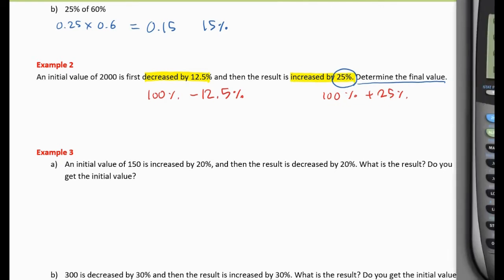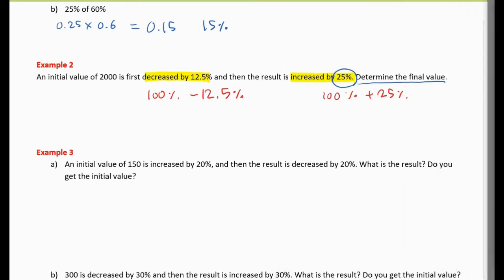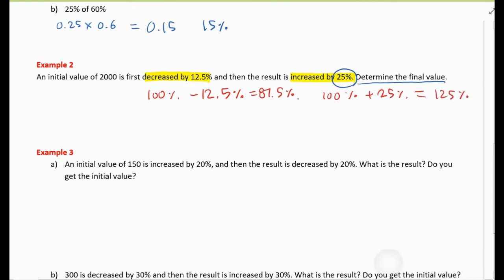Let's calculate those numbers first. 100 minus 12.5 is 87.5, so this is 87.5%. And 100 plus 25 is 125%.